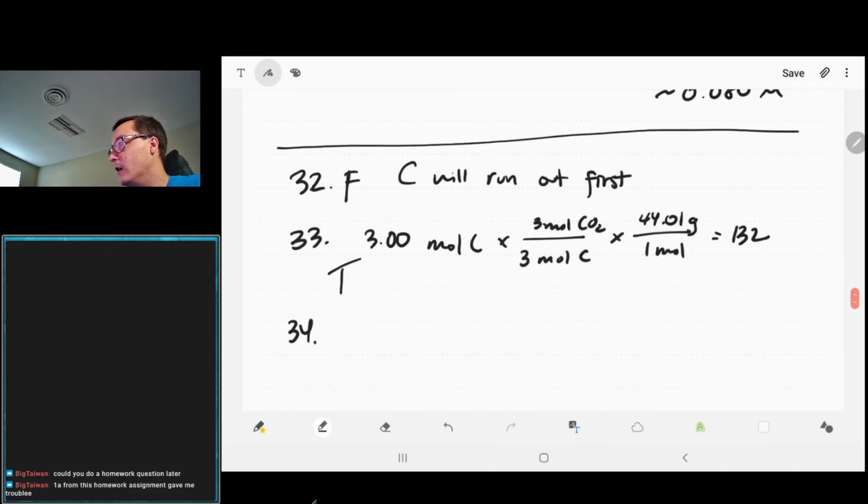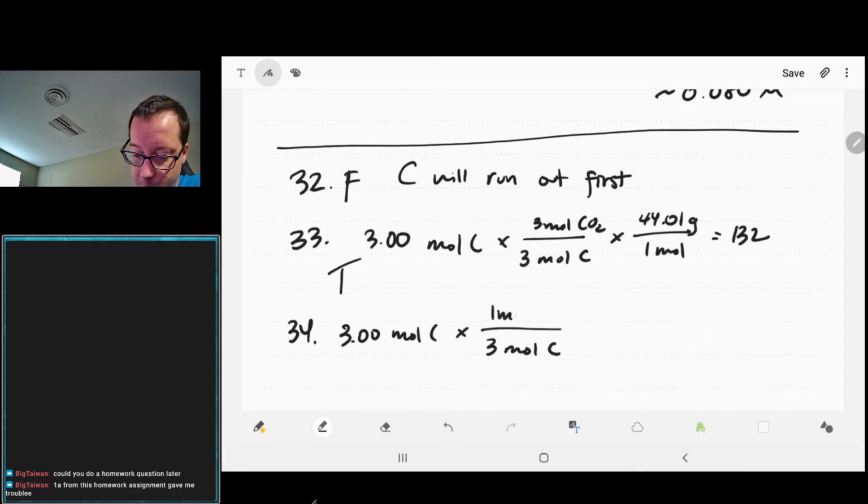Percent yield of the nitrogen is 10%. So if we do this again, one mole nitrogen times 28.02 grams. So that's just 28.02.